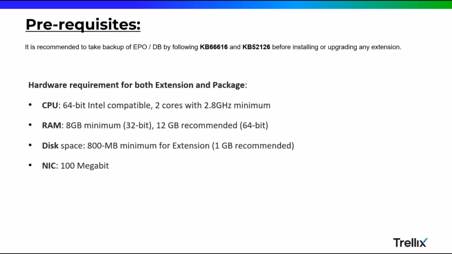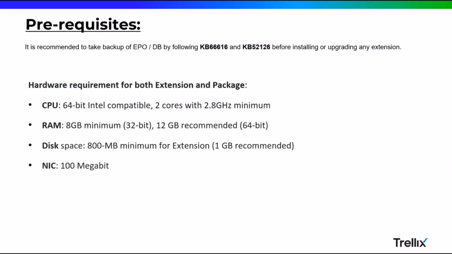Minimum hardware requirement for both extension and package requires 64-bit CPU with Intel compatible, 2-core processors with 2.8 GHz minimum. But we would recommend 4-core processors for smooth operation. Minimum 8 GB RAM is required for this installation or checking in. However, we do recommend 12 GB RAM.